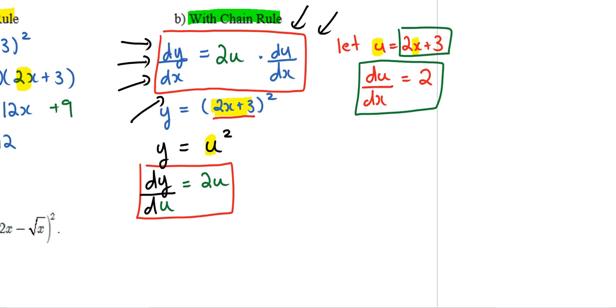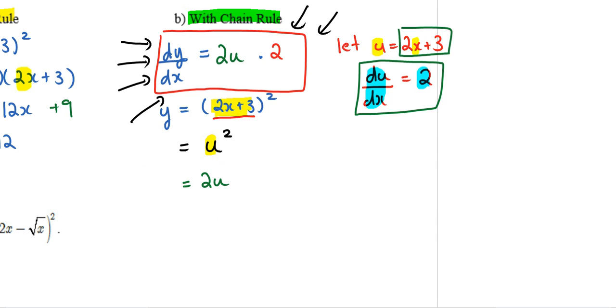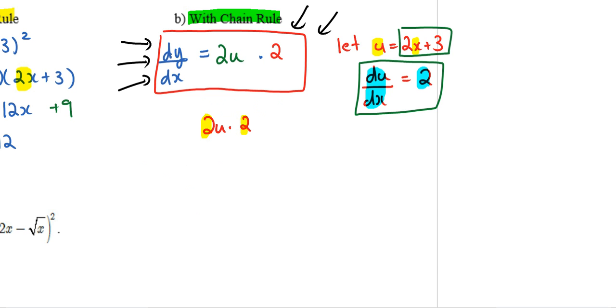And then ask yourselves, what is du by dx? Well, du by dx is right here. It's just the number 2. So I can erase this du by dx and put in the number 2 here. Alright, let me delete all this so that I have a little bit of space to work with. So right now I have 2u times 2, and if I multiply the two 2's together, I get 4u.